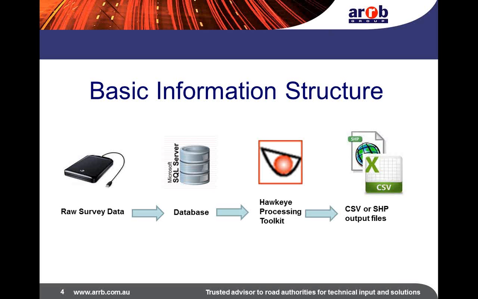They'll be collecting data as they drive around on the roads, and when they've finished doing the surveys, you get some raw survey data: all the video, the laser, the GPS, the gyro track, the geometry data. And to be able to process that information, we have the Hawkeye processing toolkit, which is used to process the information and then allow you to export it.